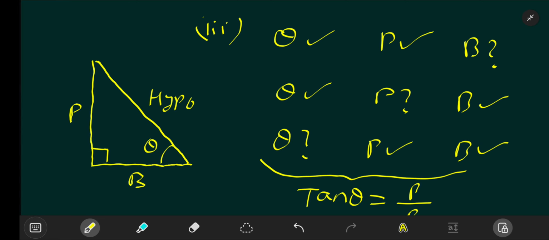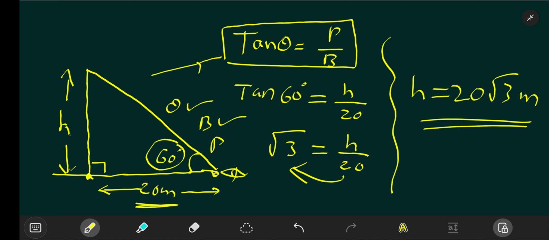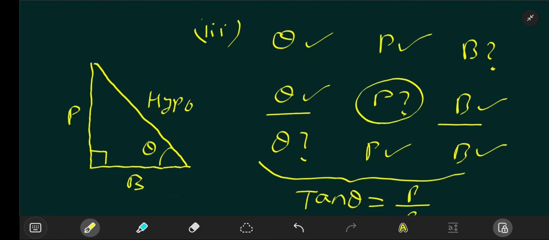In the previous problem also, I have applied tan theta. Here, see, theta is given, base is given, and perpendicular side is asked. So I have applied tan theta.